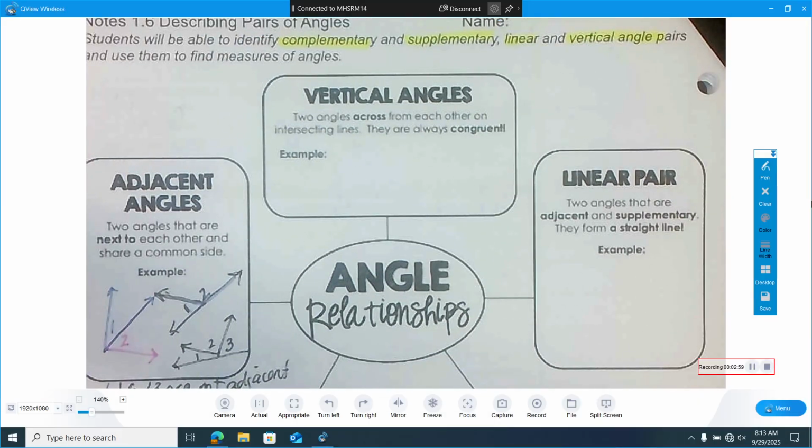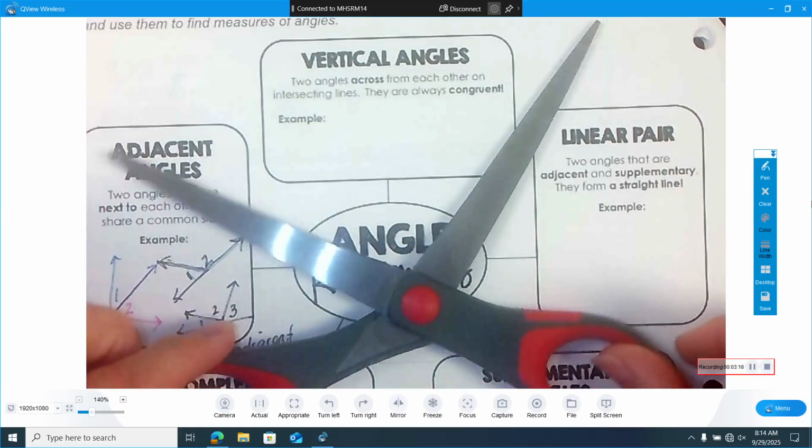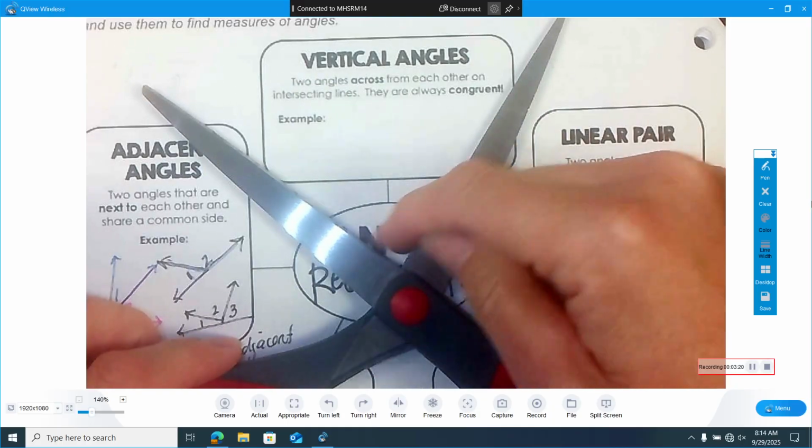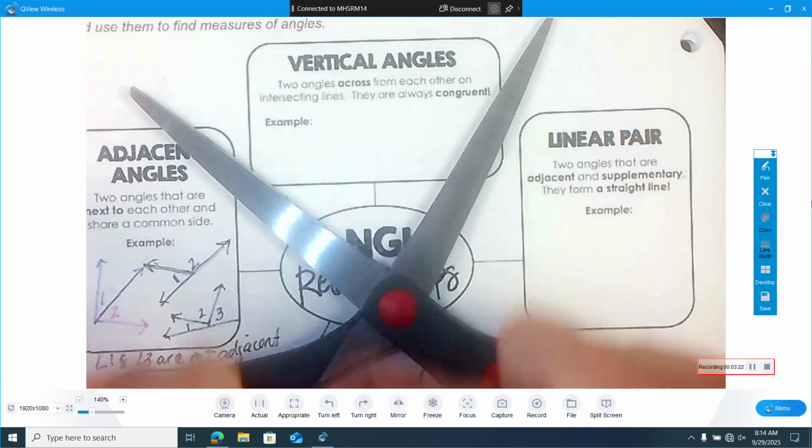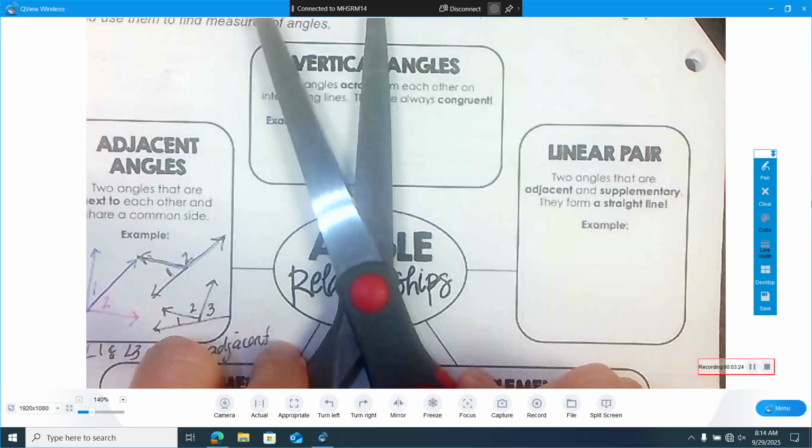So we also have what are called vertical angles, and I think about them like a pair of scissors. It's always good to have a little example. Imagine if my scissors had straight handles here. As you have a pair of scissors, these angles on either end are always open at the same rate.